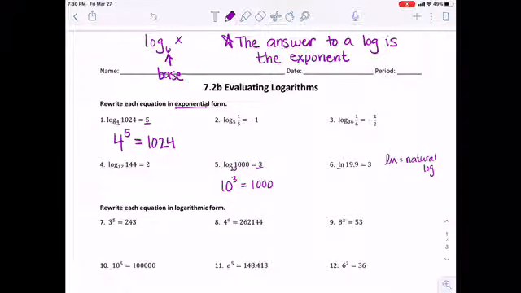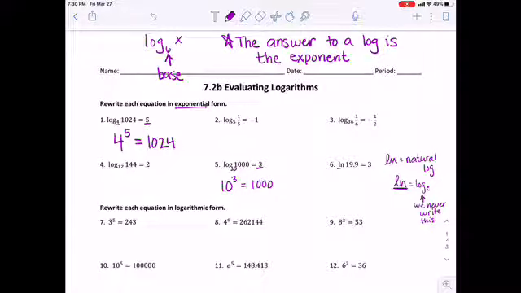Do you remember the e we learned about back in the 7.1 assignment? This is where we use e. So ln means log base e. But we never write log base e. We always write it as ln. So anytime you have a log whose base is e, you're going to want to write it as an ln.